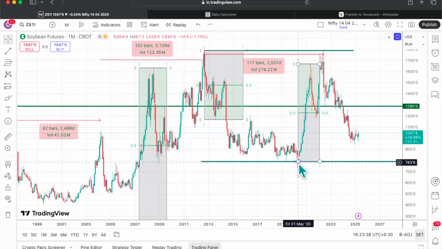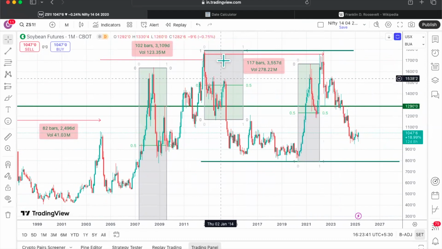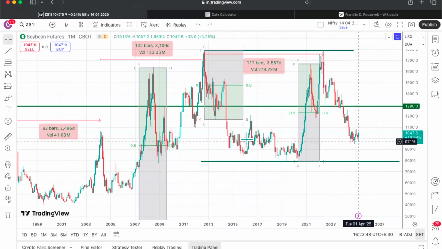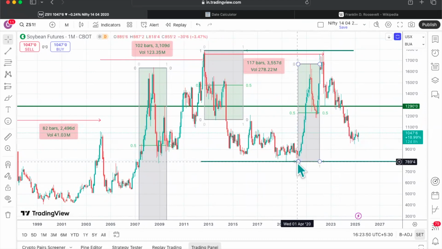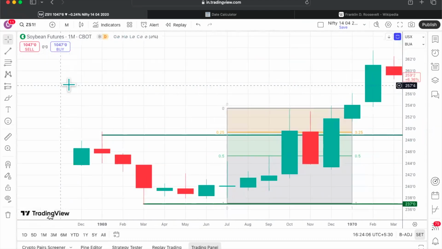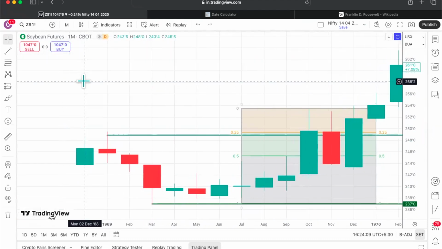Again, from this bottom to this top, it came down to the 50% level, and we saw a second top, more like a double top, from where the market started coming down. Looking for bottoms, this was the bottom and a second bottom; whenever it takes support, you can start buying. So buying and selling rules have been given. This is the monthly chart for soybean futures, and the initial date we get is December 1968, not before that.